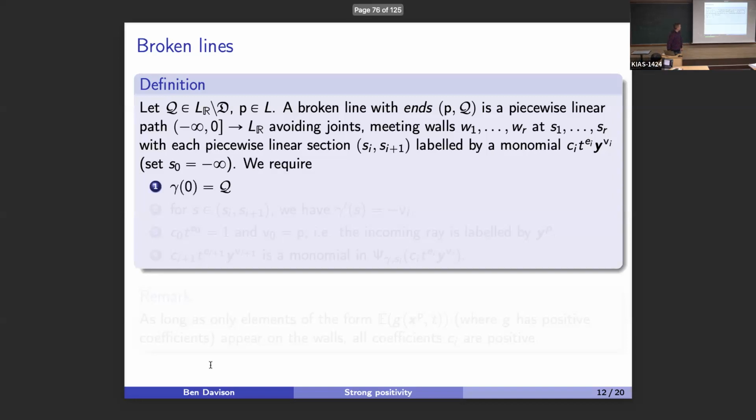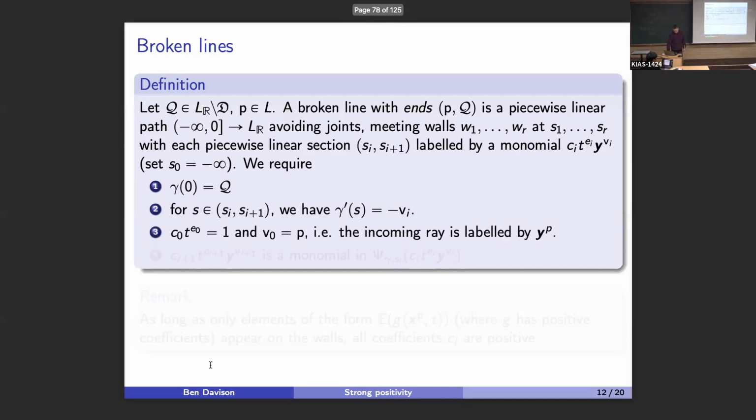Okay. So what do we require? We require that it ends up at Q. So by the time it gets from minus infinity all the way to 0, it's at its endpoint. On any one of these piecewise linear sections, its direction of travel is given by the exponent of the monomial that we've attached to that straight bit of the broken line.